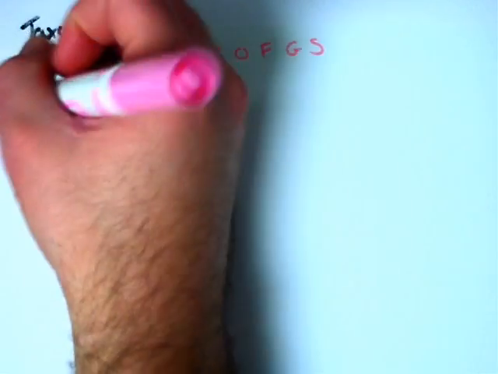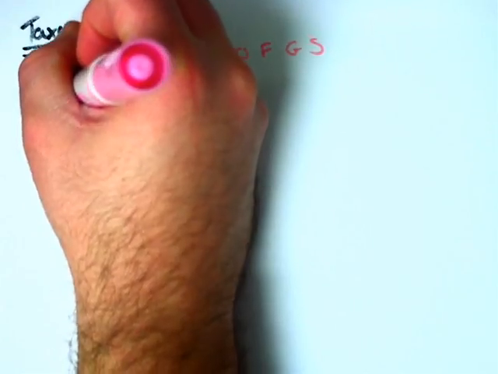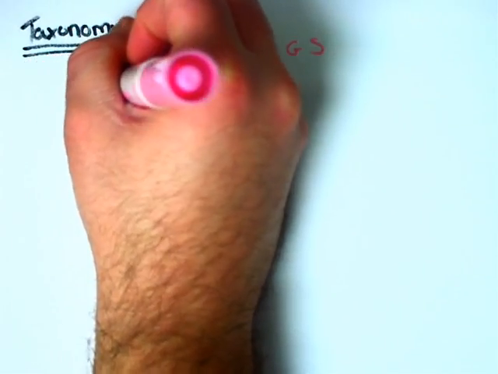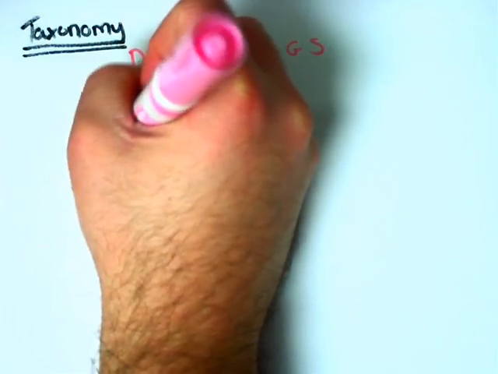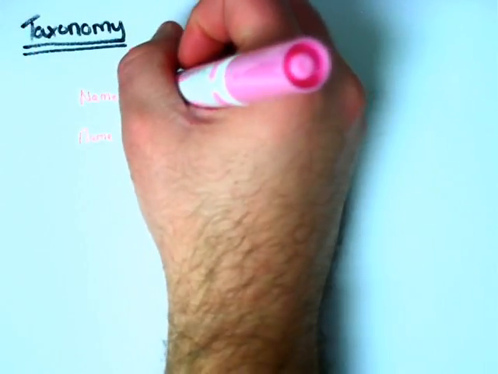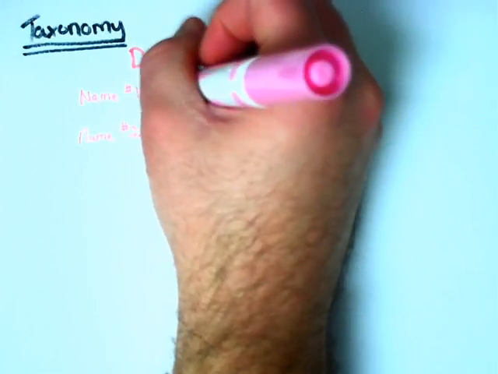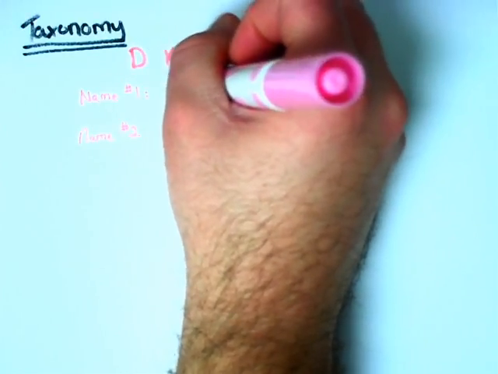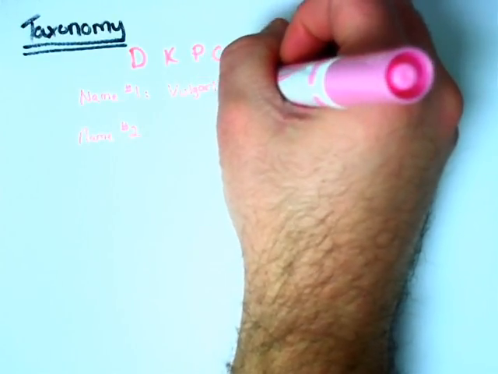And remember that if you have two species, let's say name number 1 and name number 2. Let's say that one species is, I don't know, Bulgari simply, I don't know.